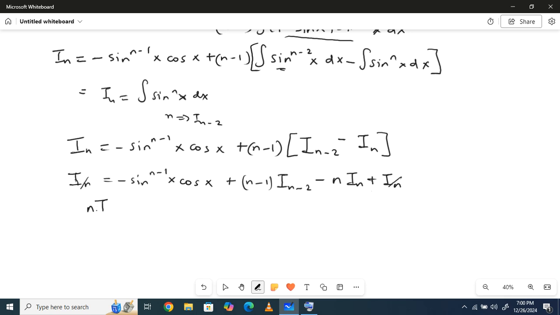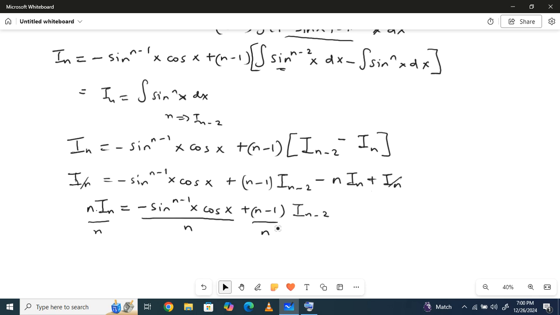We will have n times I subscript n is equal to minus sine n minus 1 x cos x plus n minus 1 into brackets I n minus 2. We are only interested in the I n, so we are going to divide both sides by n.